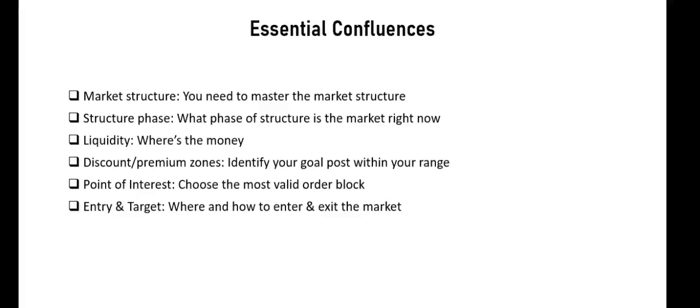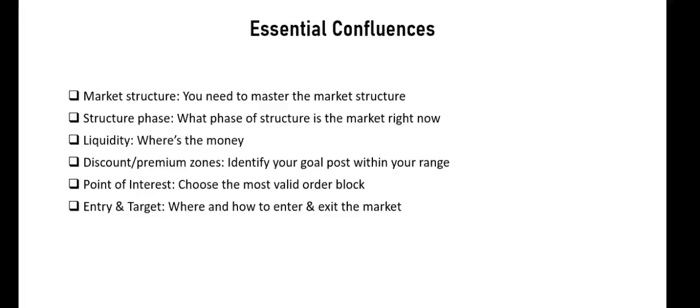So number one confluence, which is very, very important, is market structure. Now, if you have no understanding about what market structure is or how to correctly read the structure of the market to determine the trend you are in, then you have no business just yet talking about OB entry and targets.